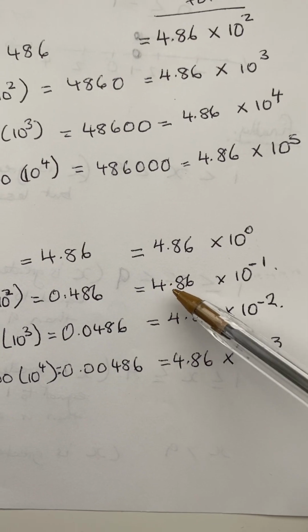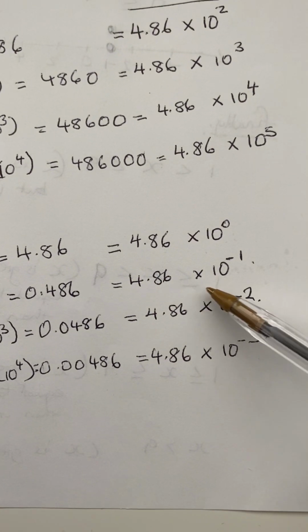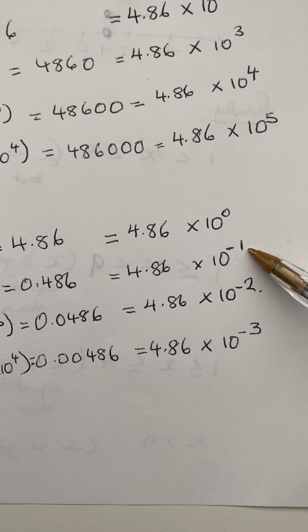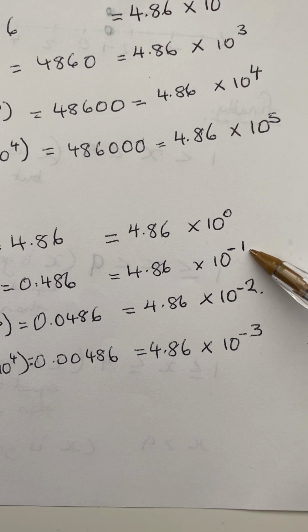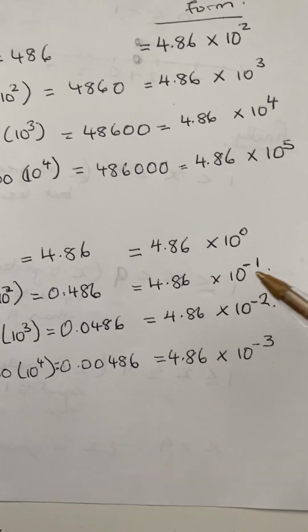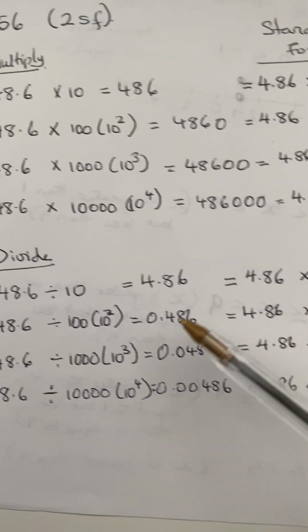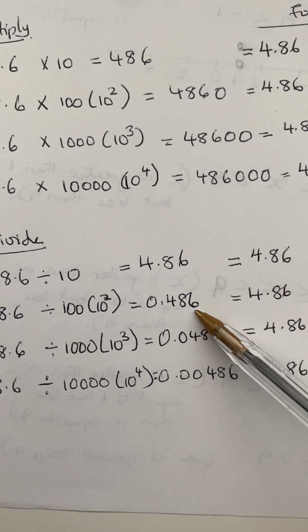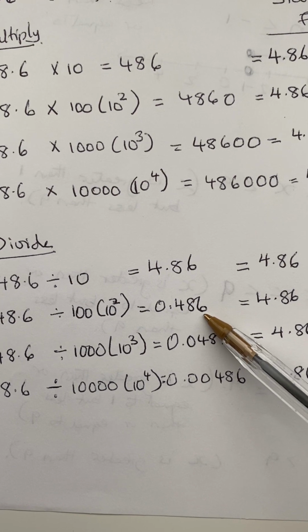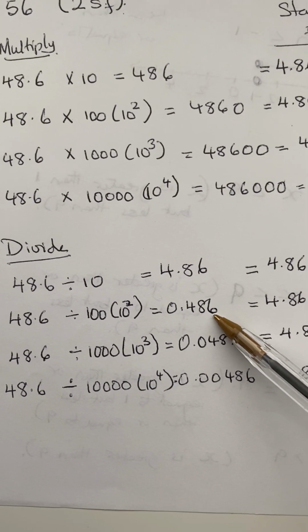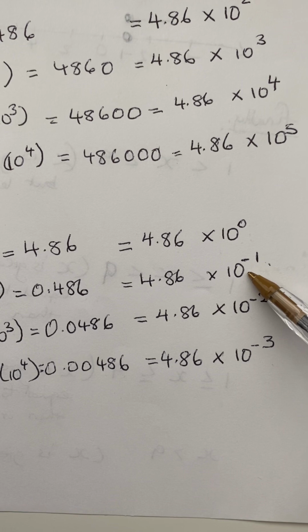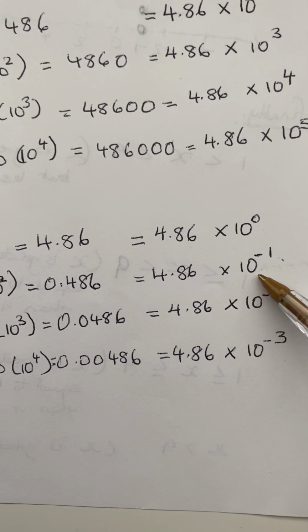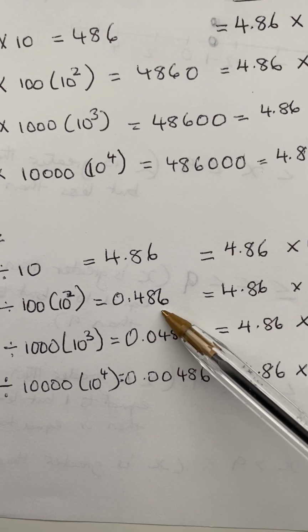So we have 4.86 times 10 to the power minus 1. So if we multiply by 10, then we'll get back that number.